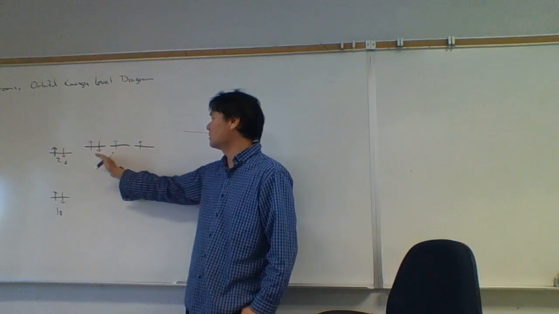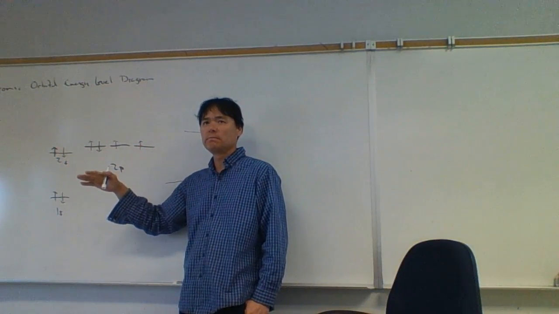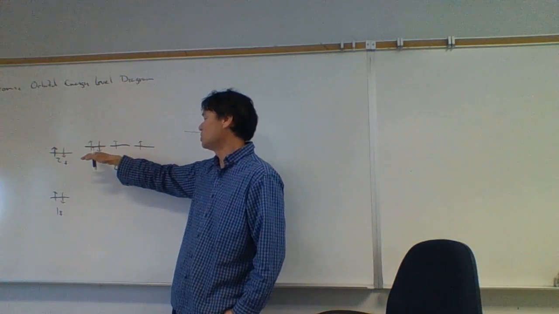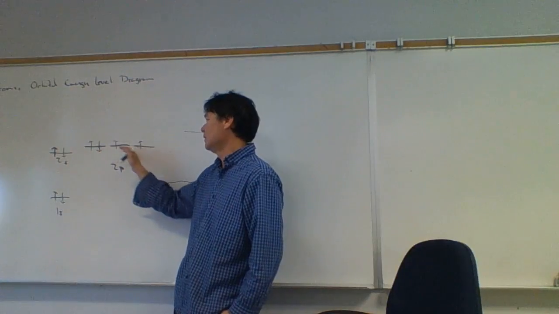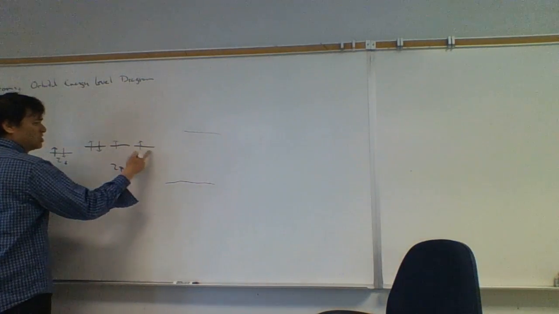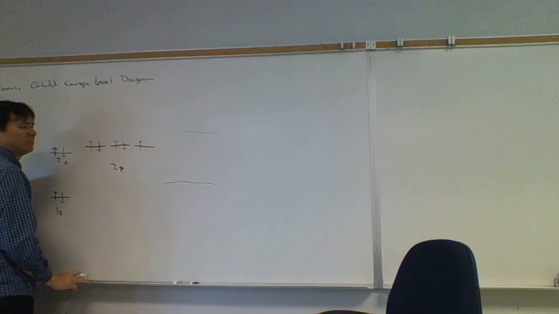So if we have an octet of electrons, it's totally filled. If it's totally filled, it's happy, it's stable. And so an octet, which means 2 in the s subshell and 6 in the p subshell, will give it a total of 8. And so oxygen needs 2 more, and then fluorine needs just 1 more.